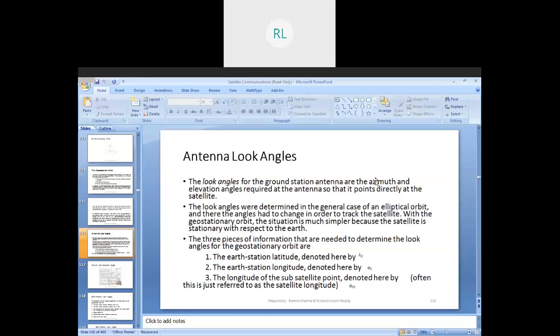These two terms will be used extensively throughout our course. We will see in detail what they are, how and when these angles are created, and how we extract data to calculate these angles. These angles are required so that the antenna points directly at the satellite.